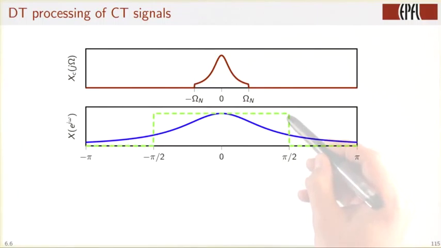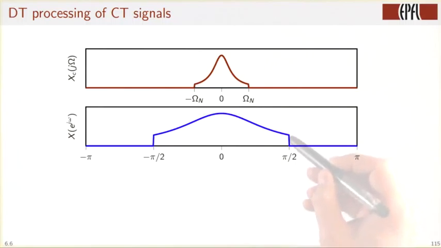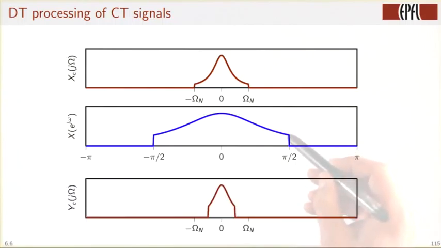And then we get the blue spectrum. We reinterpolate and we get the red spectrum, which is now a half-band version between minus ω_N/2 and ω_N/2. That example should be very explicit here on how this works on processing continuous time signal using discrete time filtering.